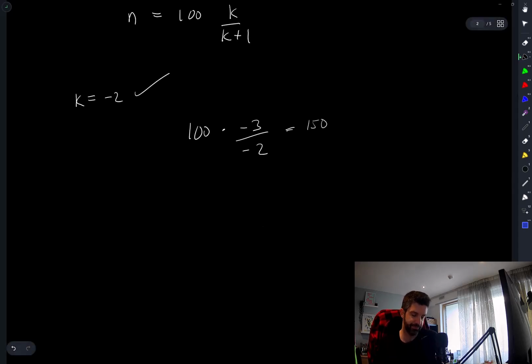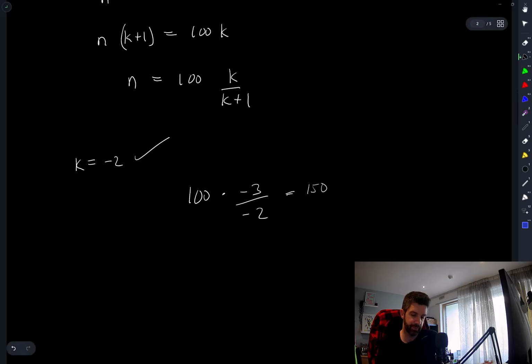Okay. So I need either this to be an integer, which only happens when the denominator is 1 or -1.